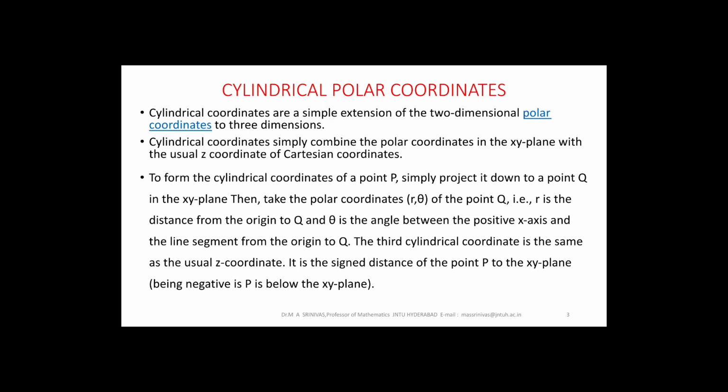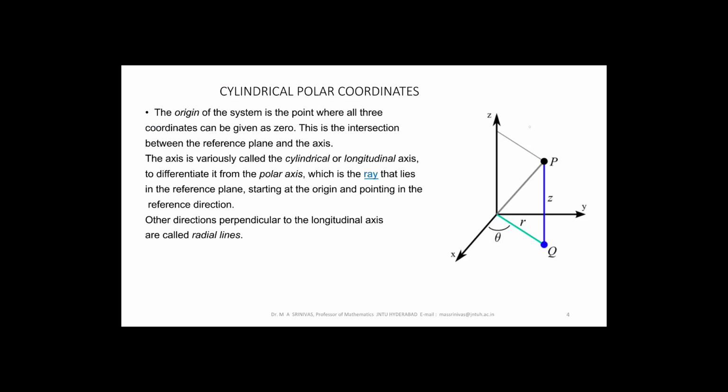So to form the cylindrical polar coordinates of a point, take one point in space and take its projection on the xy plane. This is the point P. Take its projection on the xy plane. This is Q, the projection of that point P on the xy plane. Now, you know how to identify that point Q on the xy plane in the polar coordinate system.